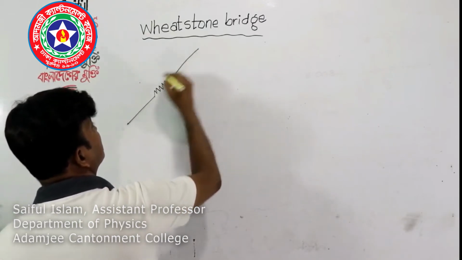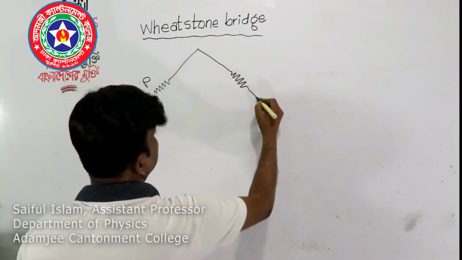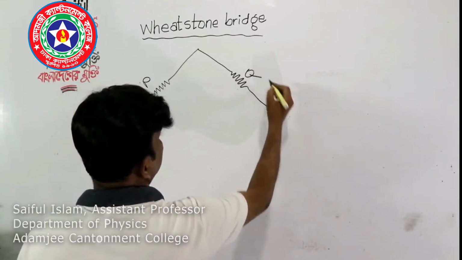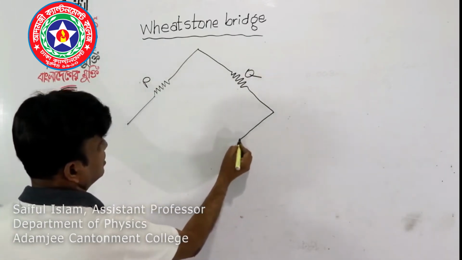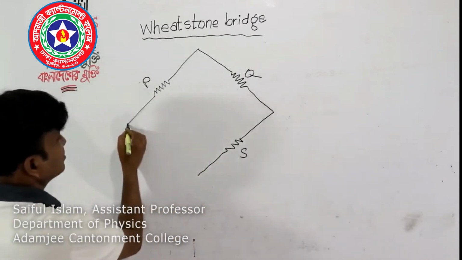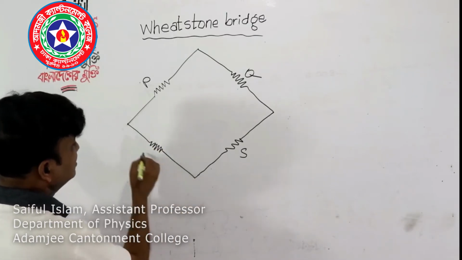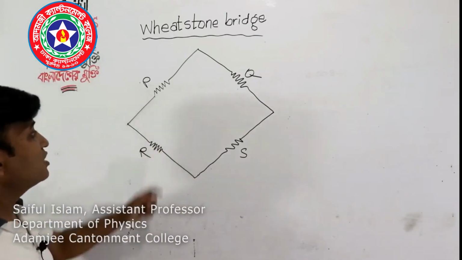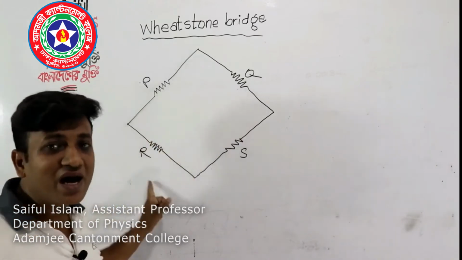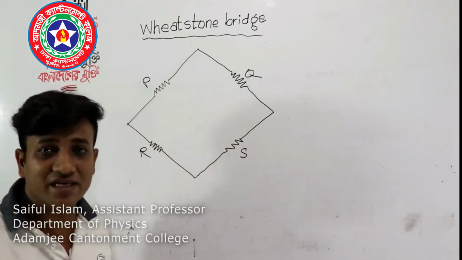This resistance is P, this resistance is Q, this resistance is S, and this resistance is R. P, Q, R, S. These 4 resistors are connected in series.